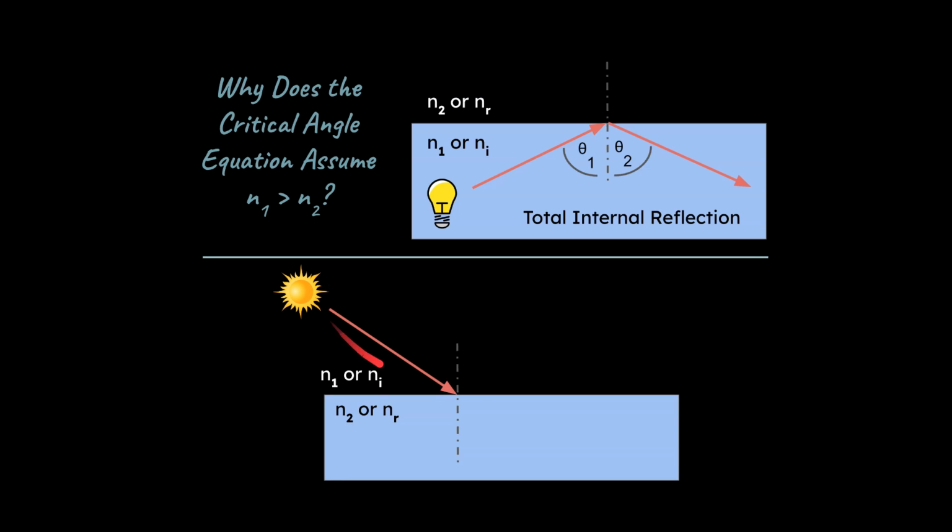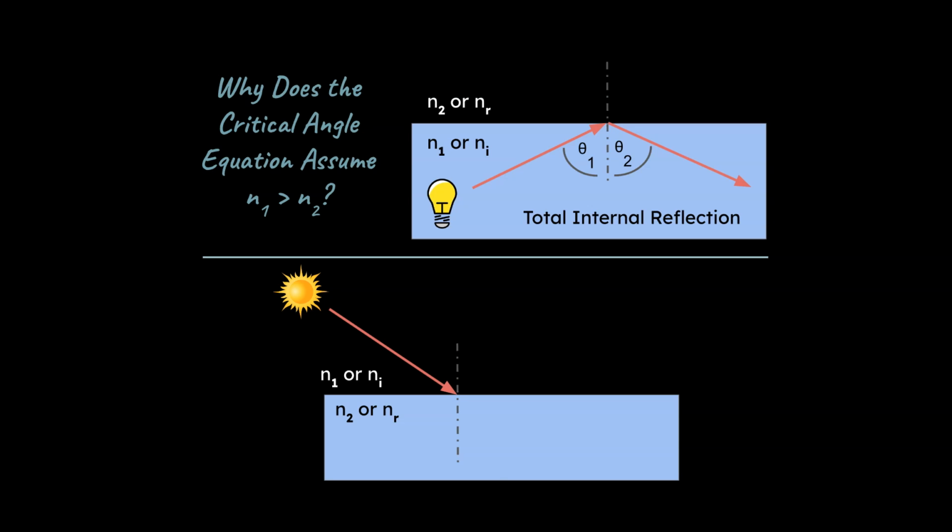If you had something like this, let's think about what would happen. What direction, in this case, if we're going from an n1 that would be less and an n2 that would be greater, then what direction would the light get bent in this case? Hint, your answer should be either it gets bent towards the normal or that refracted ray would be bent away from the normal. So what would you expect?